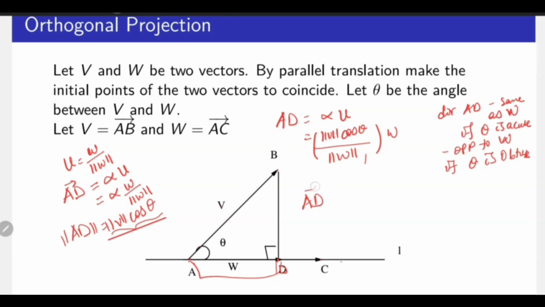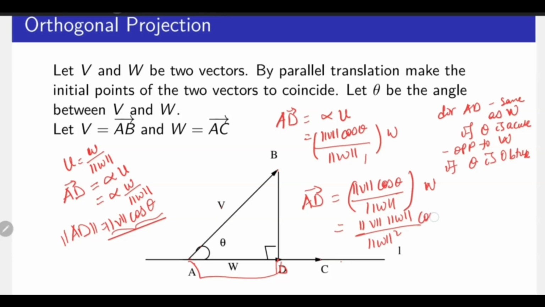So vector AD is given by the formula norm of v cosine of theta over norm of w times w, or we can multiply by 1 and get this one, norm of v times norm of w over norm of w squared, cosine of theta times w.